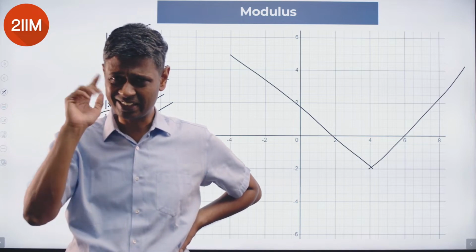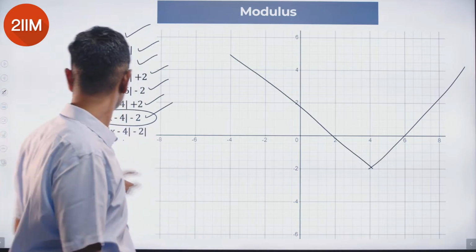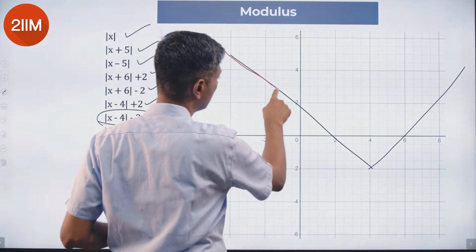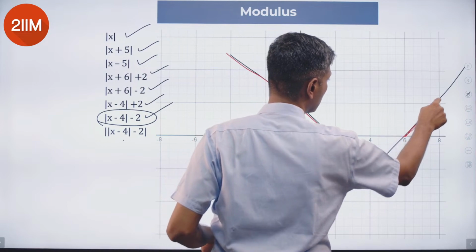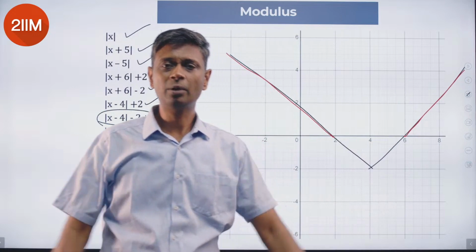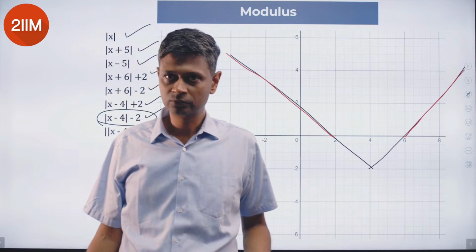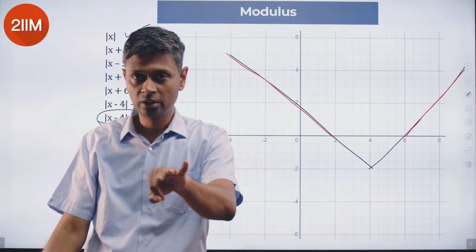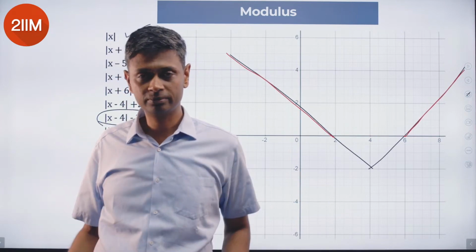So when I am drawing this modulus of x minus 4 minus 2, in this part, there is no change. Whenever y is positive, I put one more modulus around it, how does it matter? It won't matter. If modulus of x minus 4 minus 2 is 3, modulus of that is also 3. If it is 17.3, modulus of that is also 17.3.